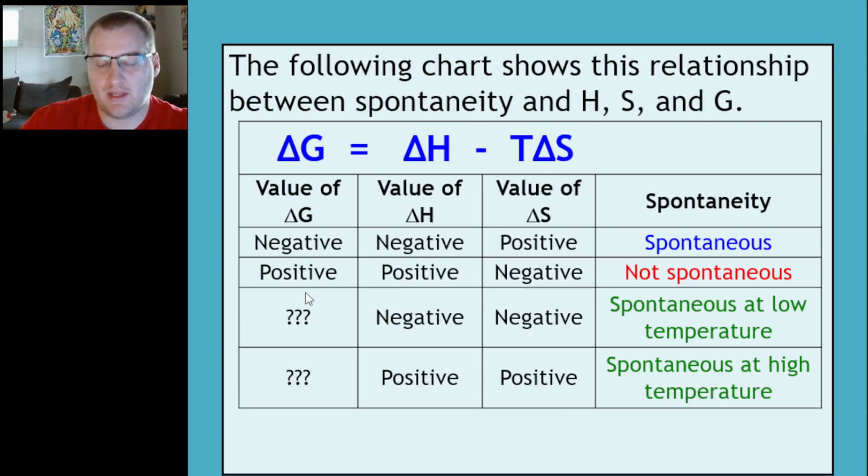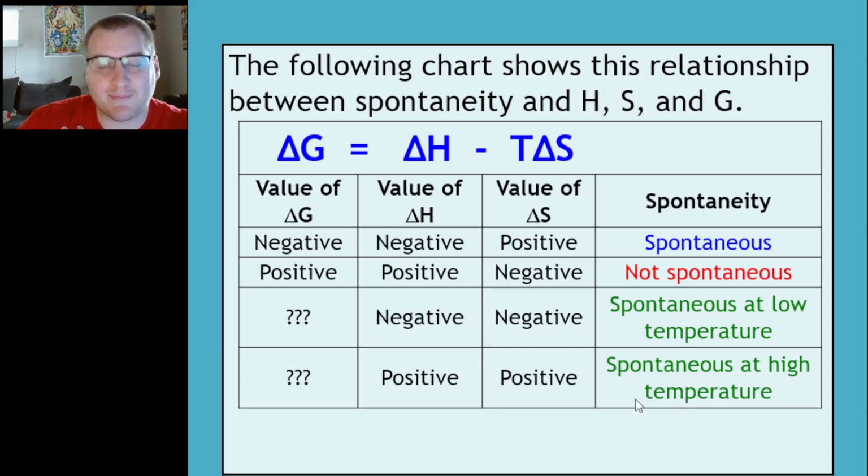Now, the other two situations that can happen are if both values are negative, meaning it's exothermic but entropy goes down, or if both values are positive, meaning it's endothermic but entropy goes up. For those, you have to plug in your values to figure out if delta G will be positive or negative. For this third row, negative, negative will be spontaneous at low temperatures.